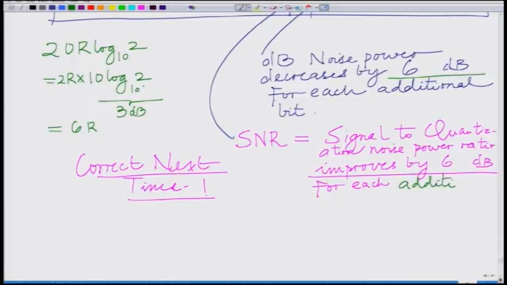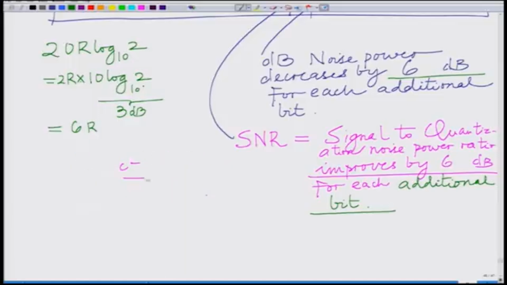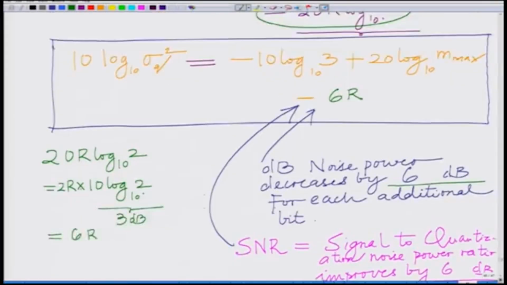For each additional bit. And therefore, looking at this expression and this term minus 6 r, you will realize that for each additional bit the dB quantization noise variance decreases by 6 dB.